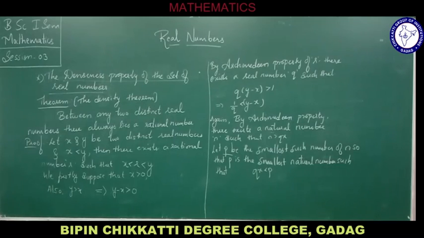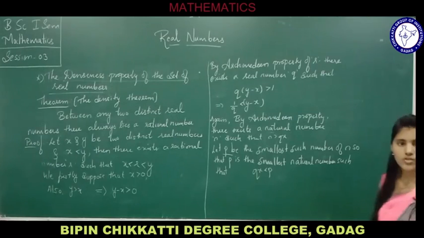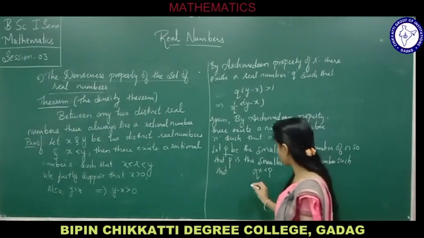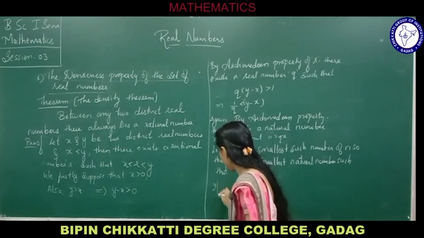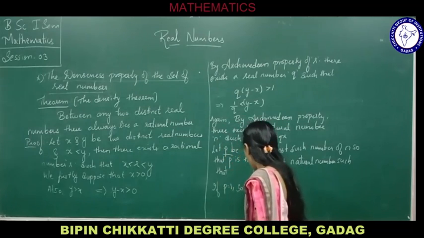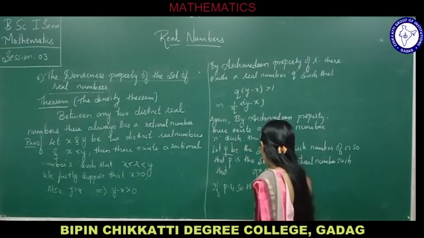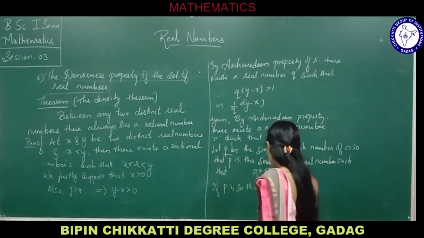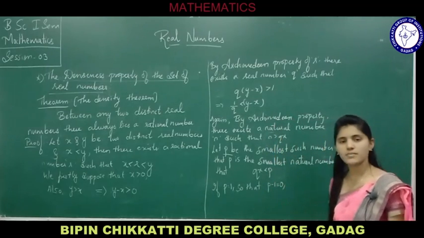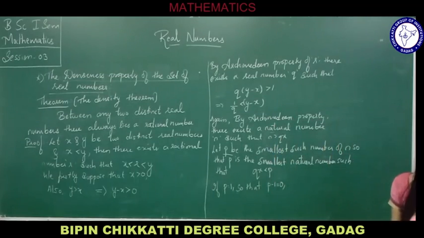Then if p is equal to 1, p minus 1 is equal to 0.